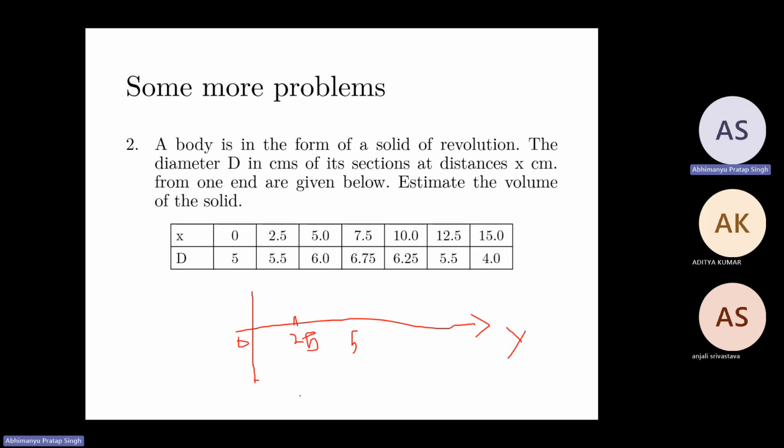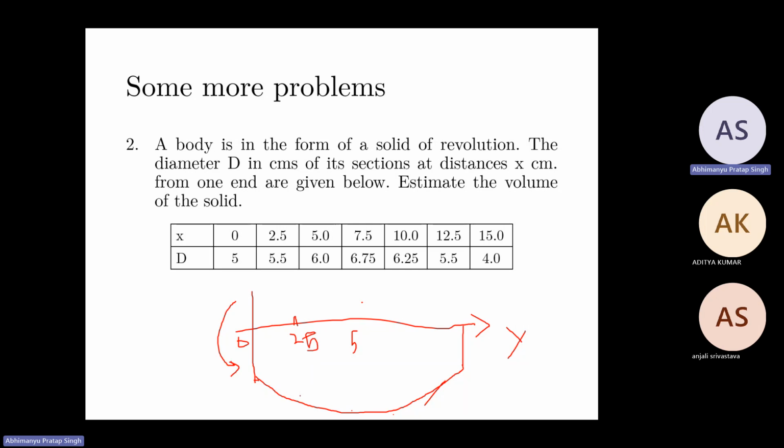So 5, 5.5, 6, 6.75, 6.25, 5.5, and then 4. So I have something like this, right? And it is being revolved around this x-axis. So I want to calculate the volume of this solid of revolution, right?